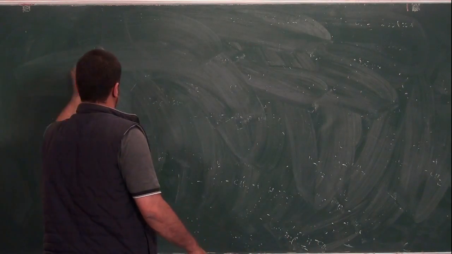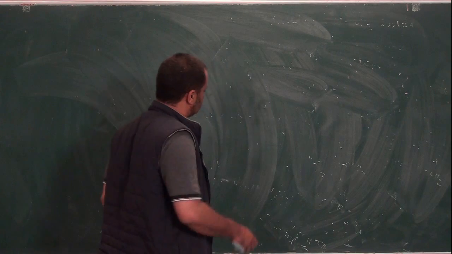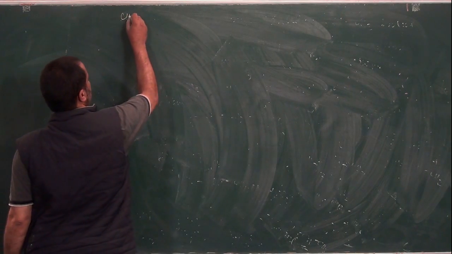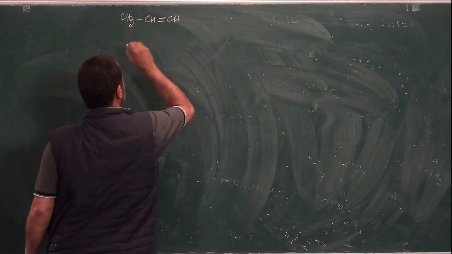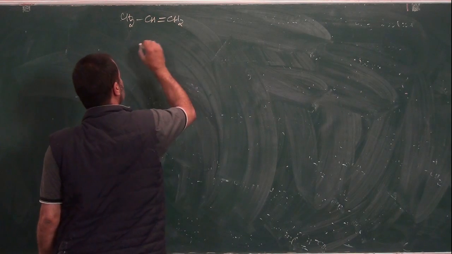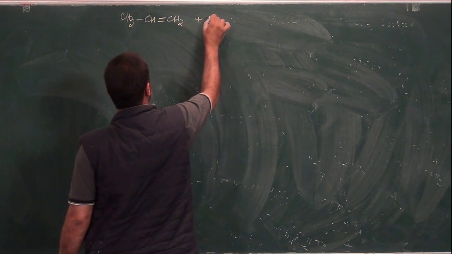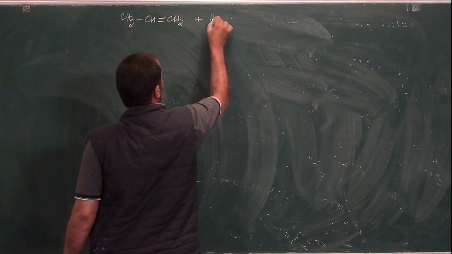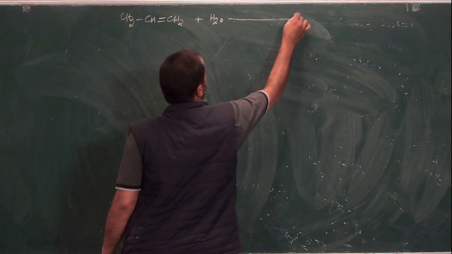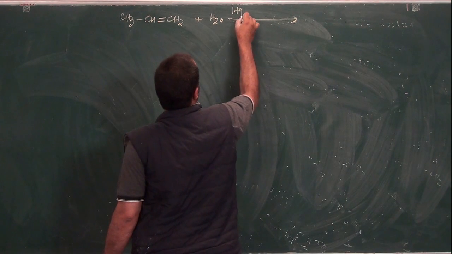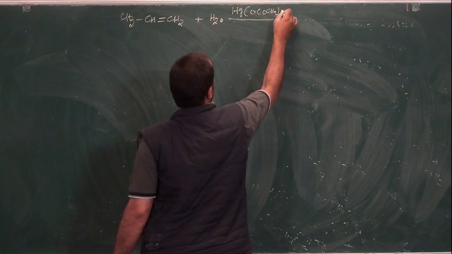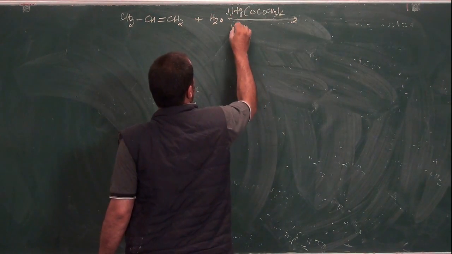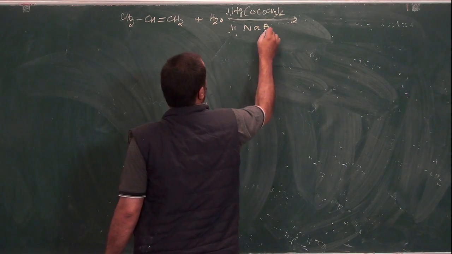CH3CH double bond CH2 plus H2O in presence of 1. HgOCOCH3 whole twice and 2. sodium borohydride.